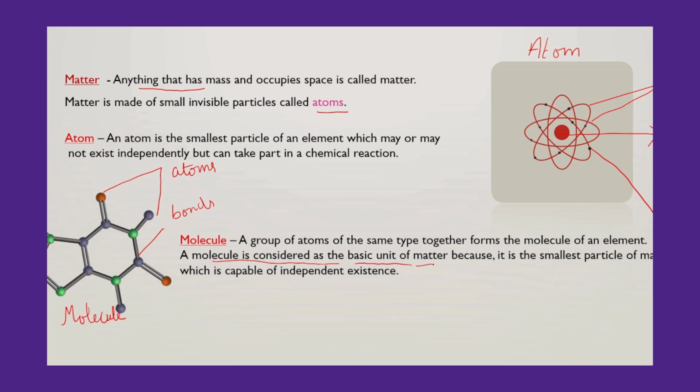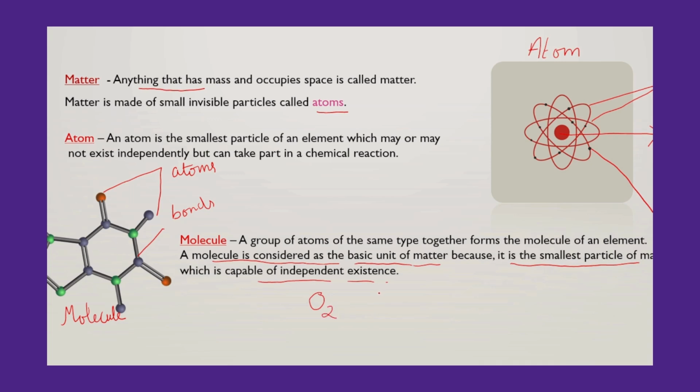The question might come, why molecules are considered as the basic unit of matter and not atoms? What is the reason? It is because they can exist independently. That means without the help of any other thing they can exist independently, but atoms cannot. All atoms cannot exist independently. We know that oxygen always appears in the form O2.